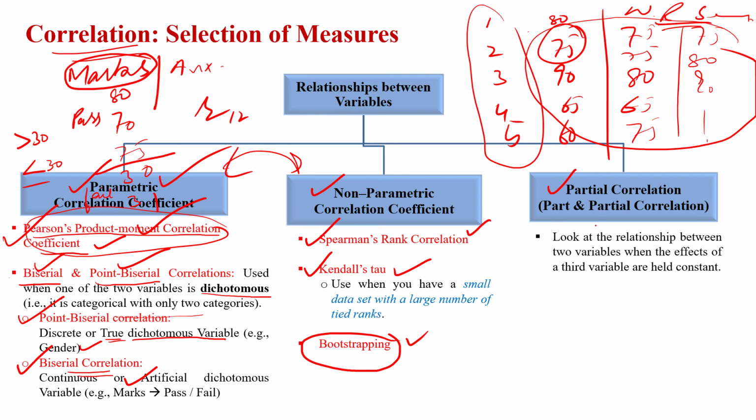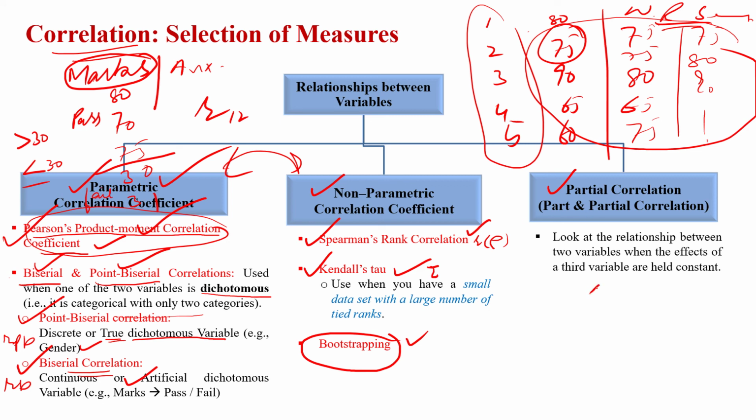The point biserial coefficient is normally represented as rp, and the biserial with rb. Similarly, the Spearman correlation coefficient is normally represented with r, or sometimes rho, and Kendall's with tau.